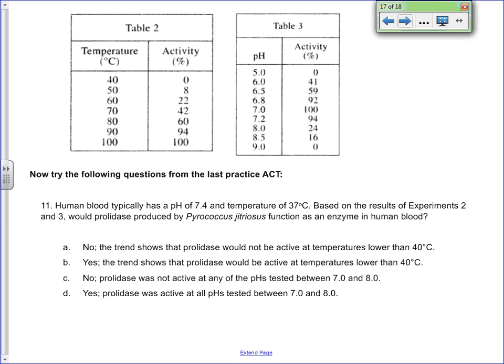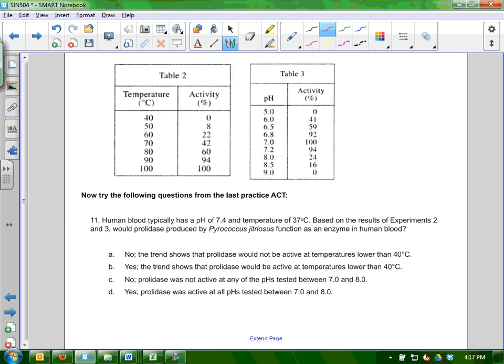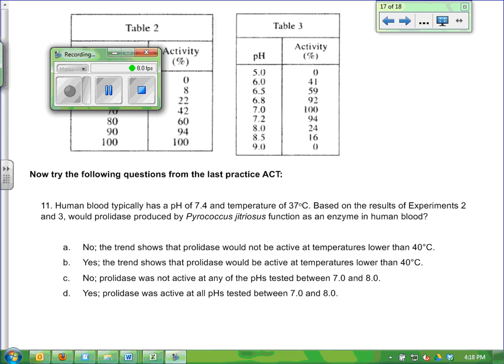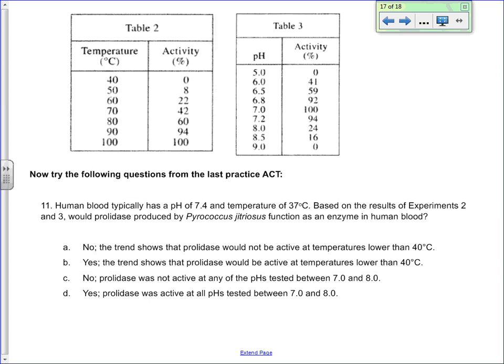What do we think? All right, so what do we think? If we're trying to figure out, human blood typically has a pH of 7.4 and a temperature of 37 degrees Celsius. Would those two values work with our bacteria?